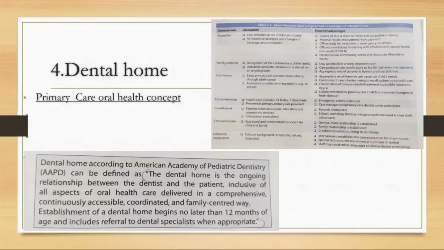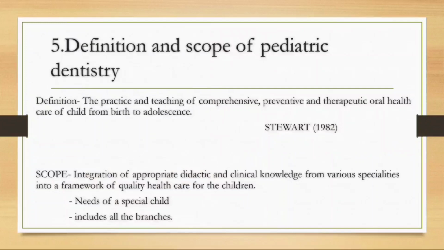Practitioners can provide personalized preventive approaches for children based on their family histories, the oral examination and risk factors can be identified, and the preventive intervention can be personalized to the needs of children. So that was about dental home.